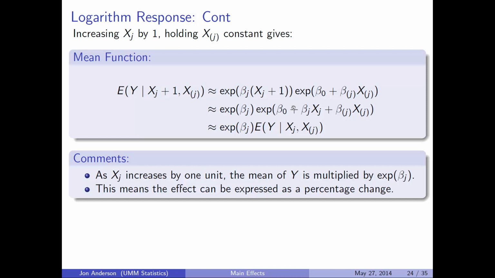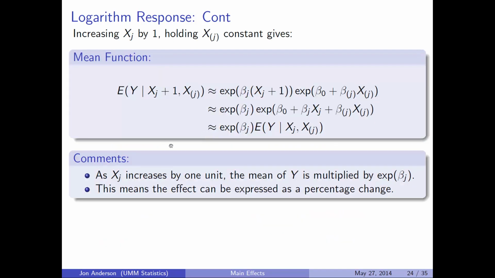And the e to the beta j xj I put back into this linear function so that it takes the form of the mean function. This final result tells you that one more unit of xj gives you e to the beta j times the previous mean function when xj was a unit smaller. And so an additional unit of xj produces a multiple of the previous mean function. This suggests that some kind of percentage change interpretation is going to work.